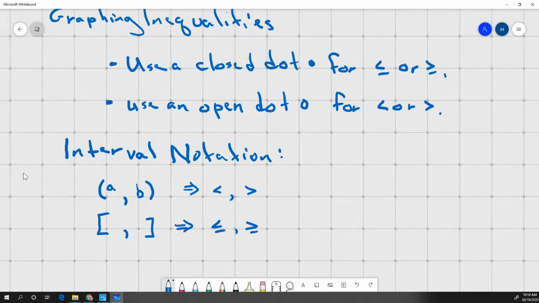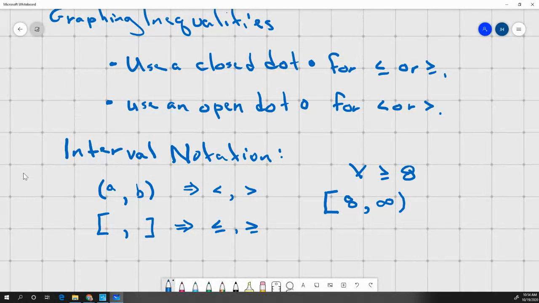Say I have something along the lines of x is greater than or equal to 8, and I need to write that in interval notation. Our interval notation on that would be 8, which we are including, so it's a bracket, but it would go all the way to infinity, which is a parentheses, because you can't be equal to infinity, right?